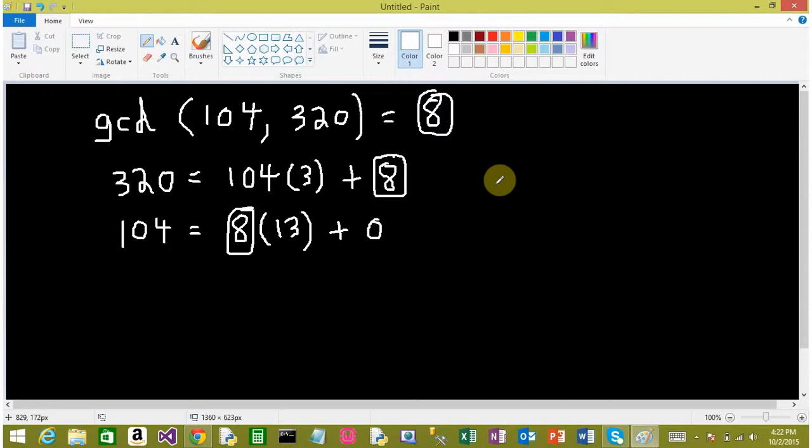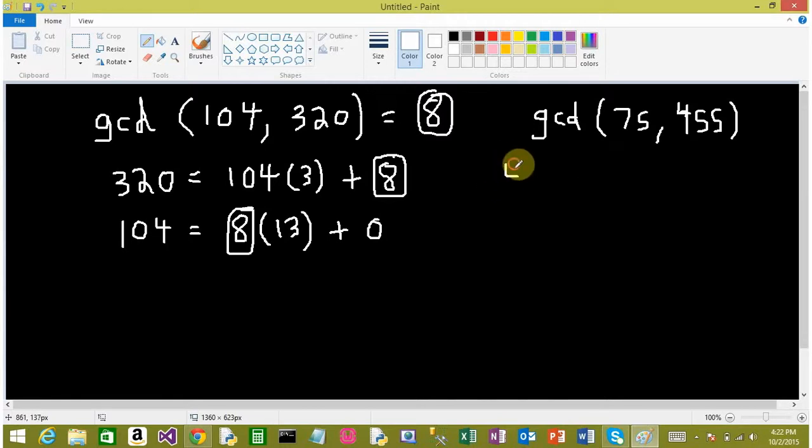Okay, so let's try another one. Let's say we have the GCD of 75 and 455.